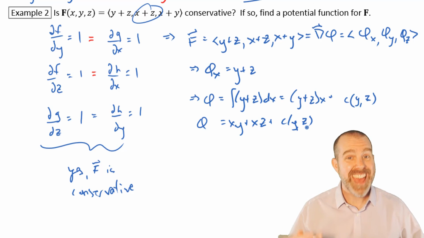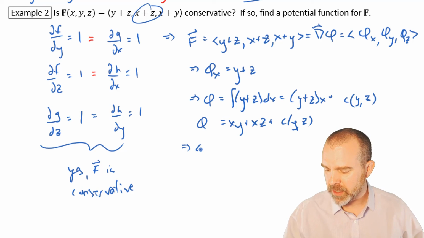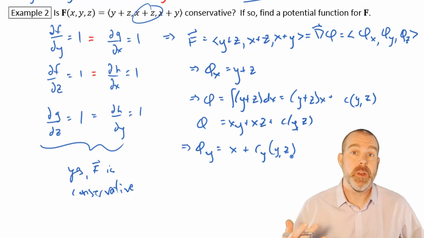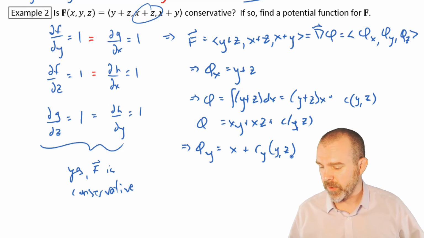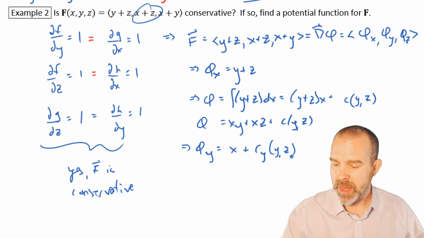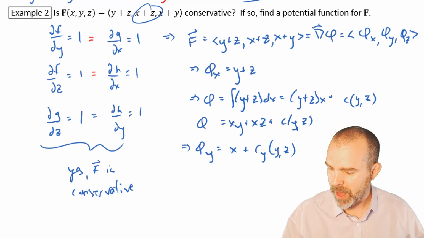Let's do the next step. Let's take its partial derivative with respect to y. That's x plus whatever the partial derivative of c with respect to y is. We don't even know what c is, so we don't know what its partial derivative is. But we do know above what the partial derivative of phi with respect to y is.